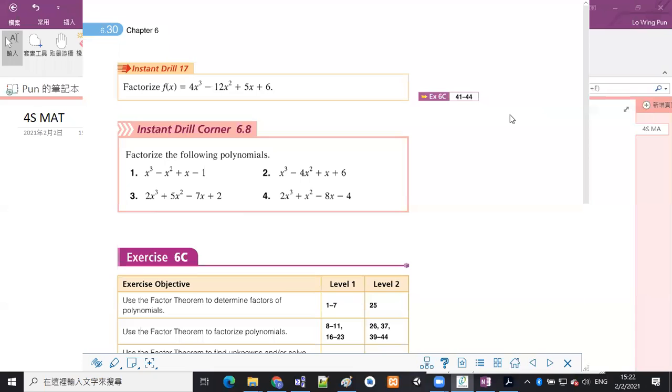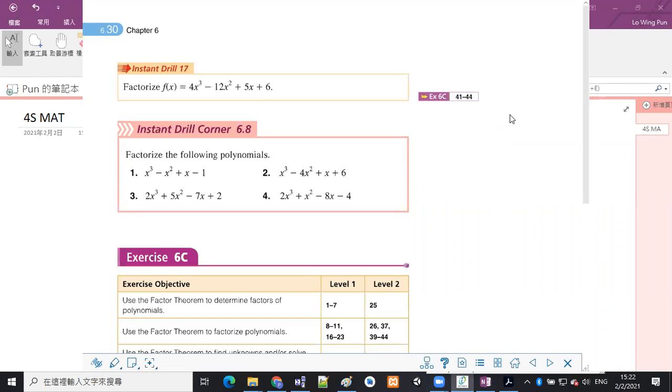If it is not given, or if there is no part A asking you to verify that an expression is the first factor of a cubic polynomial, then you need to list out all the possibilities, all the candidates, and test whether they are factors of f(x) one by one using the remainder theorem, to see whether the remainder is equal to 0, until you have found the first 0. Then that one will be your first factor.